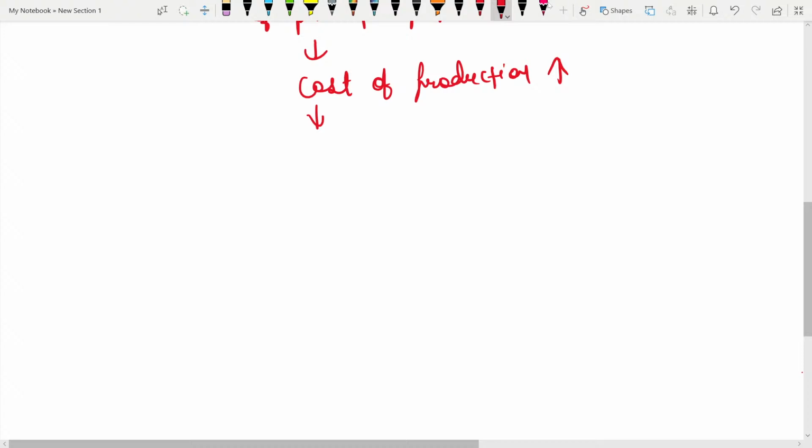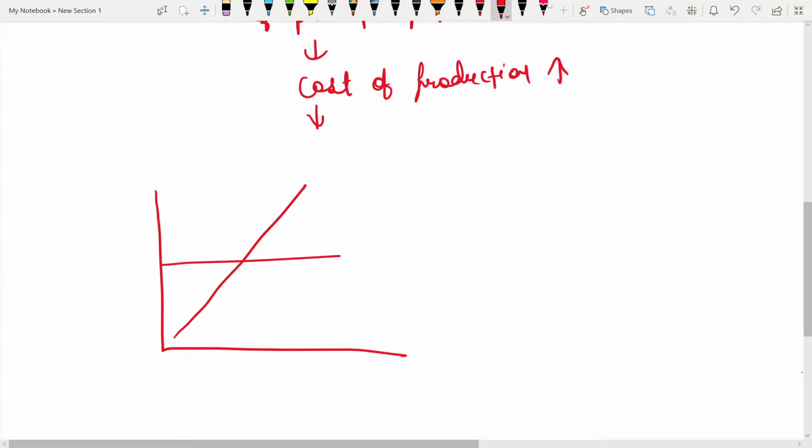Let me tell you through a diagram. This is the supply curve, and this is the existing price P. This is the original supply, and this is S1, S2. So this S2 is showing the original supply curve and this is the new one.